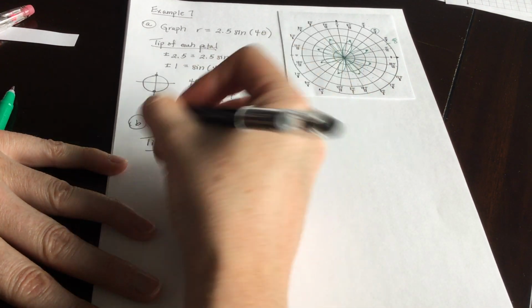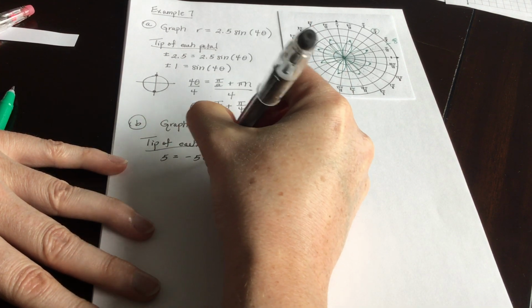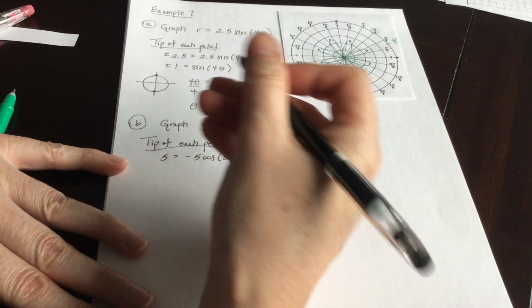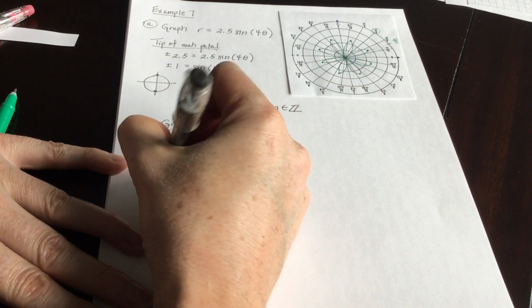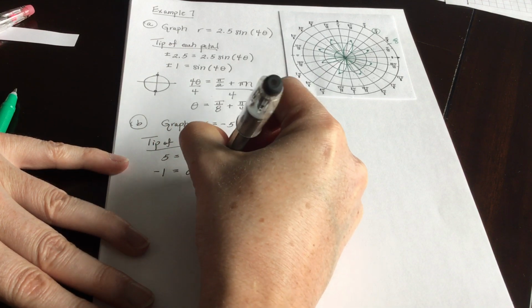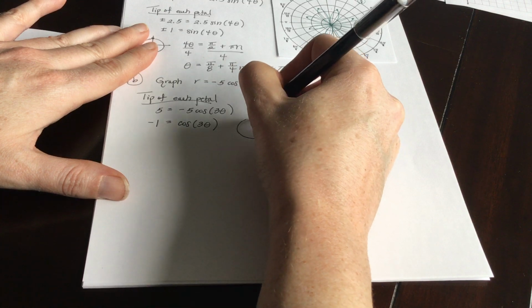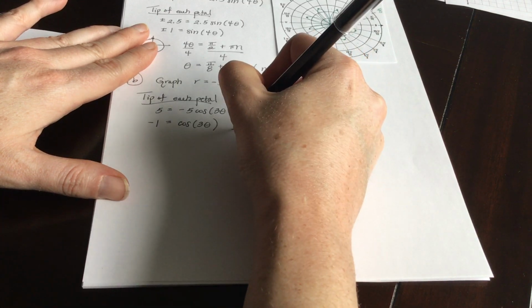So if I set r equal to +5, I'll divide the -5 over, like so. And then think about the unit circle. You're looking for when is cosine equal to -1.